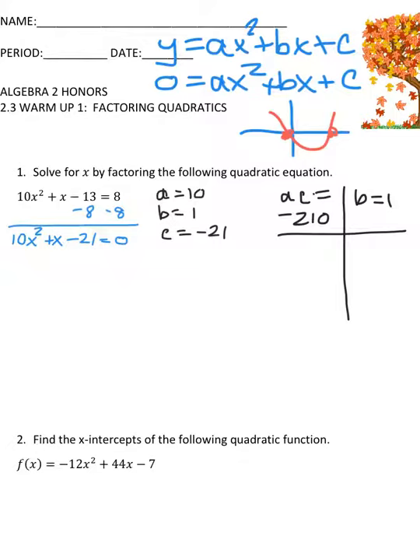So what I like to do is, instead of multiplying that 10 times the negative 21, I actually break down the 10 into 2 times 5 and the 21 into 3 times 7. And one of these numbers, I'm not sure which one yet, but one of them has to be a negative. So I'm just going to put a negative up front here.